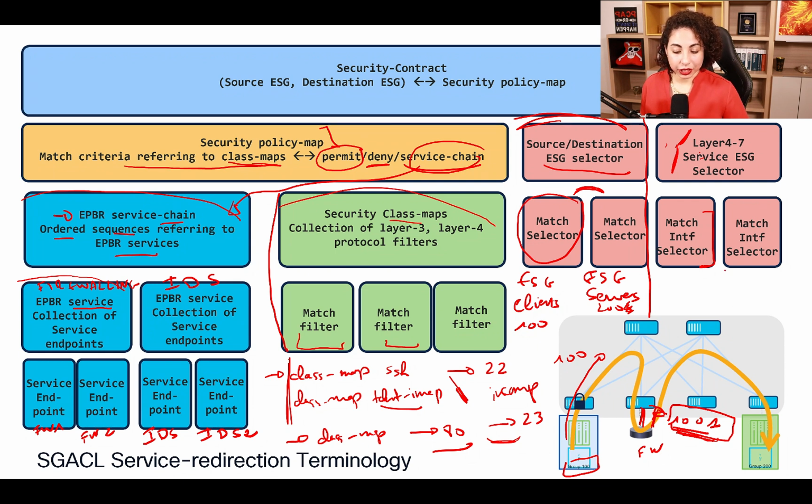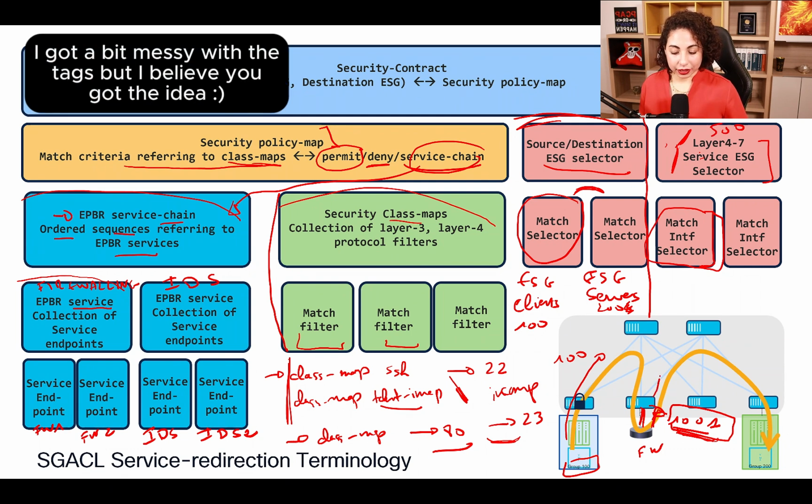Thanks to the configuration that is matching the interface selector, we are going to put this traffic this time into this additional ESG, which will be, for example, 500. So the traffic that will then be sourced from this leaf will now carry the tag 500. It no longer carries the tag 100.